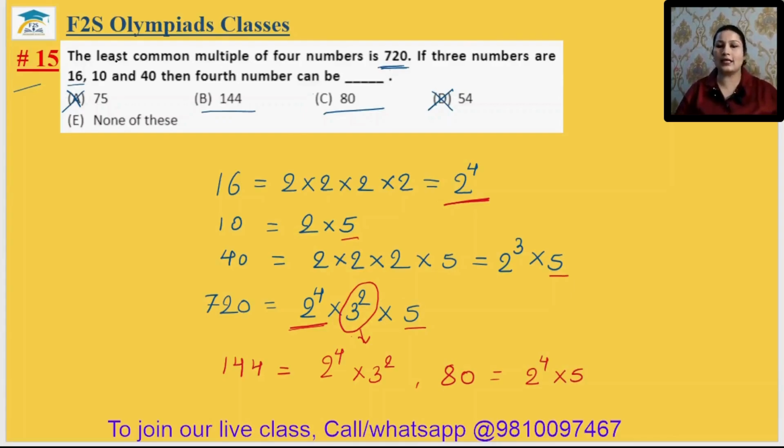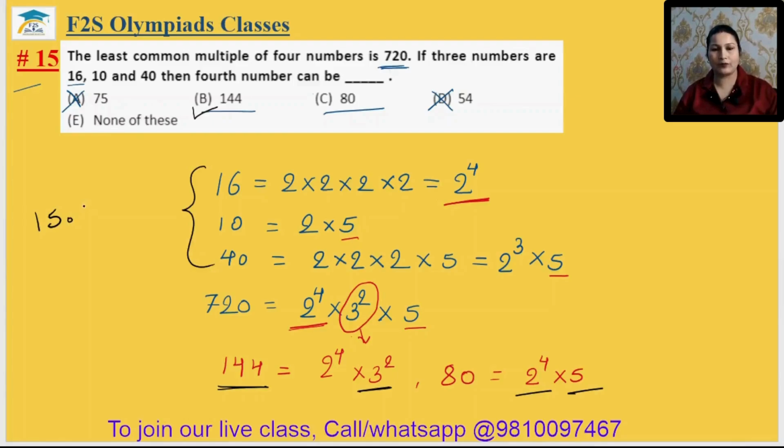So we can see we already have 2 to the power 4 and 5 in these numbers. So we are left with 3 to the power 2. It is available in 144. So that's why option B, 144, will be the number. LCM will be 720 with these numbers. So the 15th answer is B.